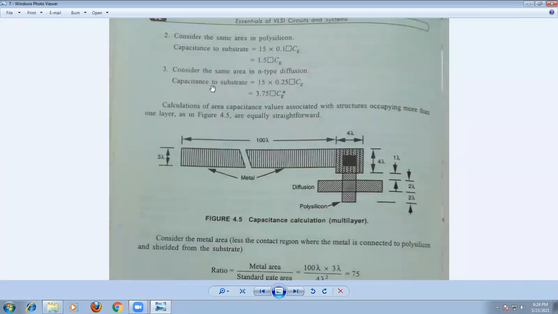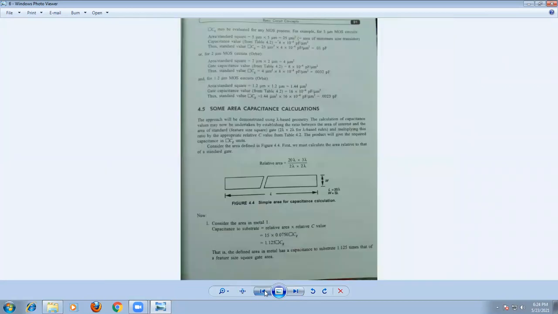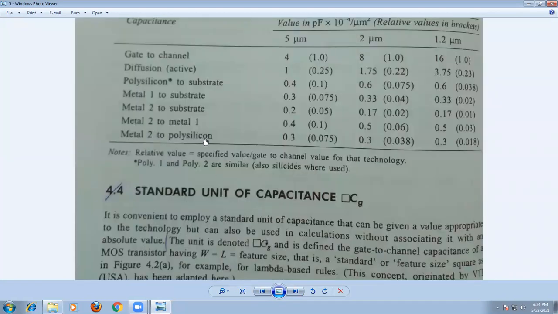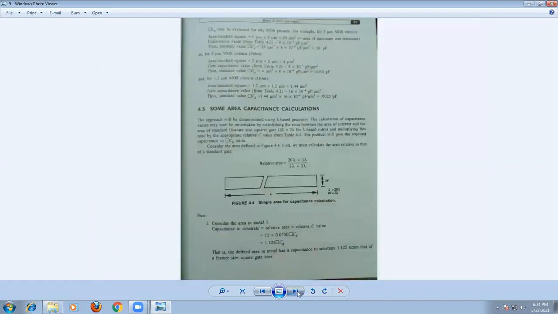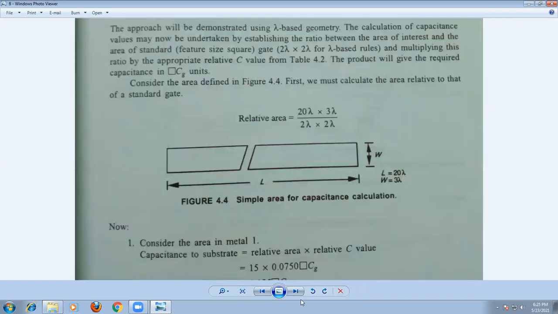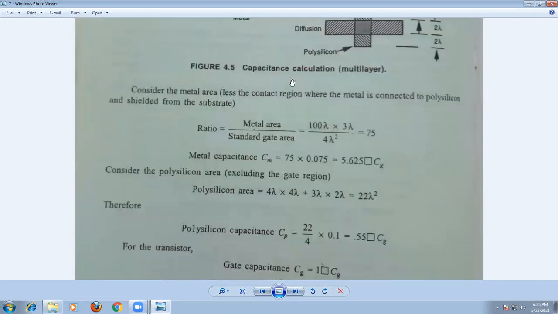And for capacitance to substrate, N diffusion to substrate, you have to consider the diffusion capacitance from the table. Okay, this is the active layer, always in terms of substrate only. Diffusion capacitance is given as 1, relative value is given 0.25. You take this value in five micrometer technology.